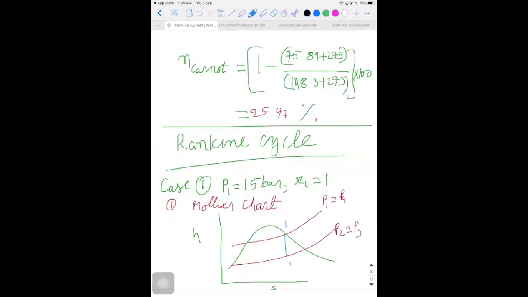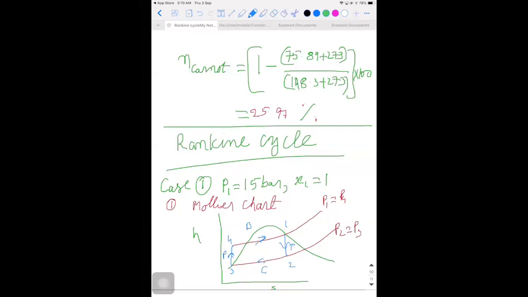This is 1, this is 2, this is 3, 4. So 4, 1. This is the boiler. This is the turbine. This is the condenser. This is the pump.